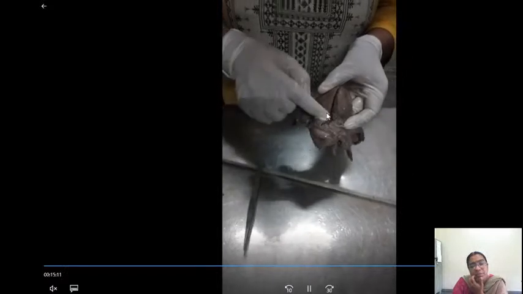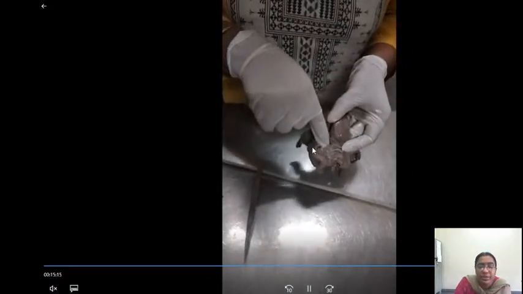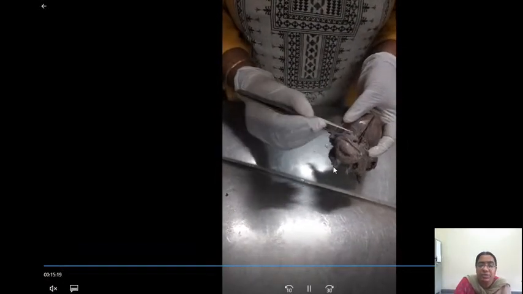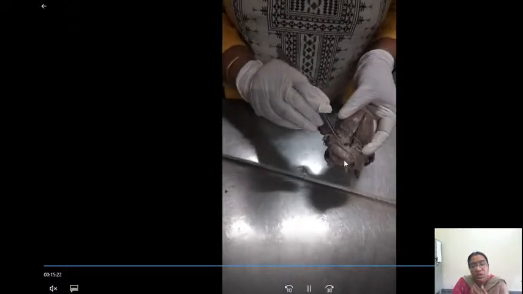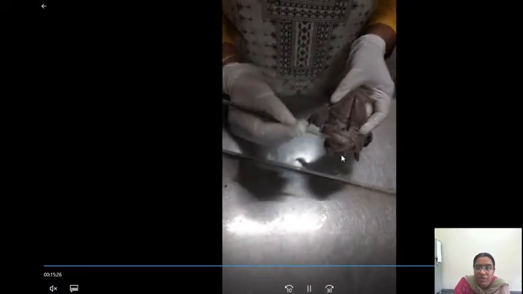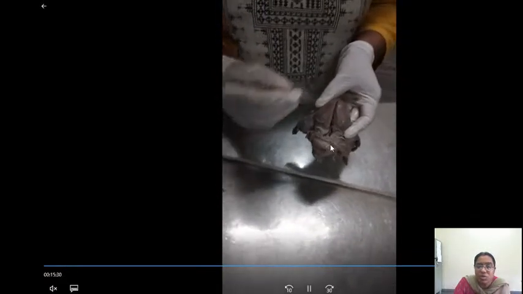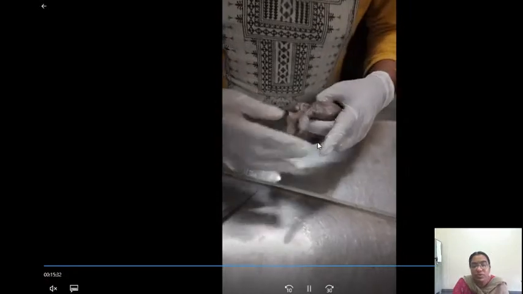The supravaginal part of the cervix is related to the base of the urinary bladder in front, and behind it is related to the intestines. Whereas the vaginal part is related to the external os. So this is about the cervix.